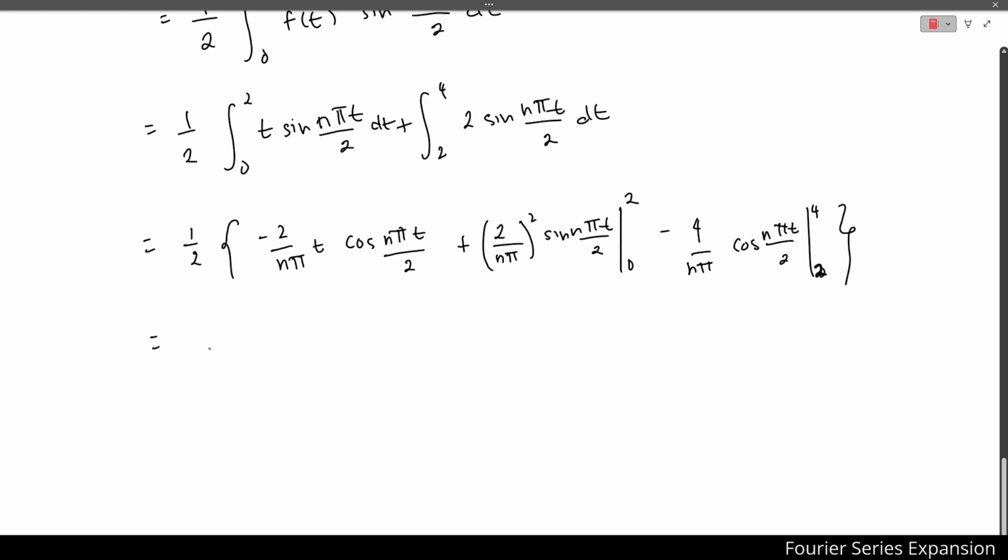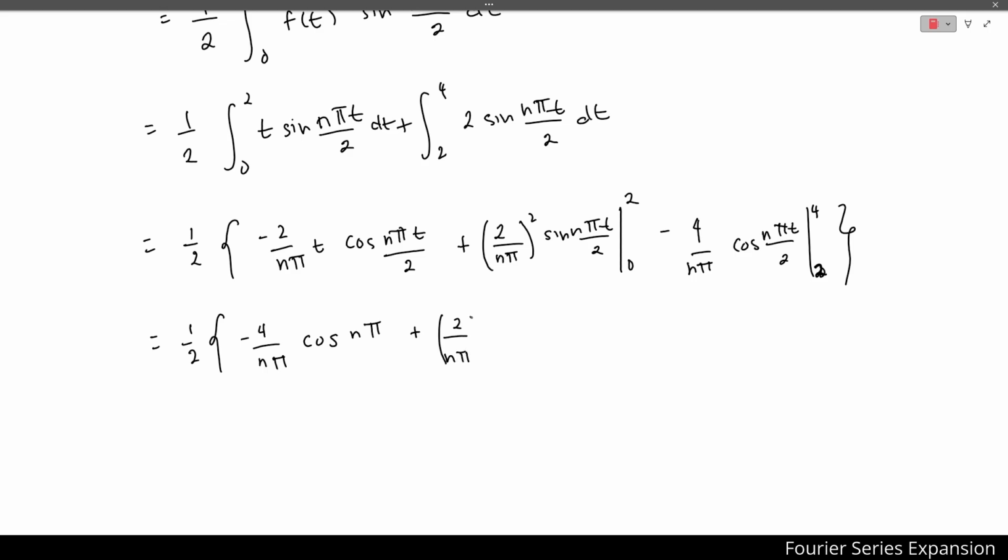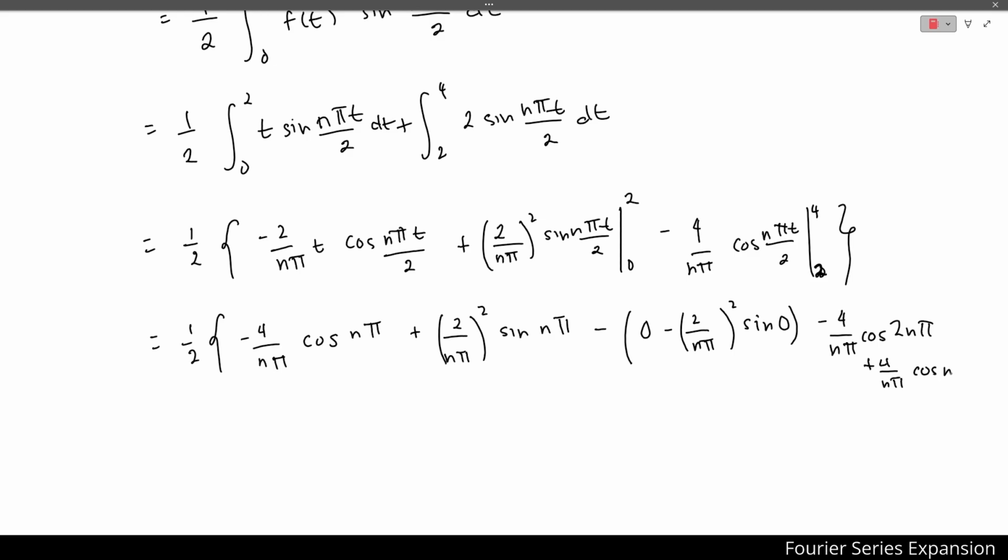Then, evaluating, 1 half, negative 4 over n pi cosine n pi plus 2 over n pi squared sine n pi minus 0 minus 2 over n pi squared sine 0 minus 4 over n pi cosine 2n pi plus 4 over n pi cosine n pi.